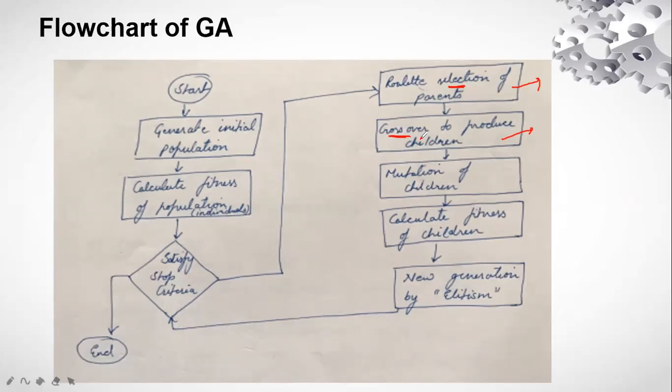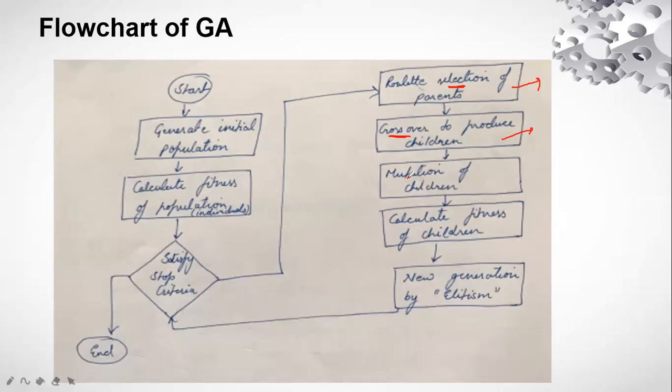So we swapped certain bits of child 1 with parent 2 and parent 1 with child 2. We said that certain properties of child 1 are inherited from parent 1 and certain properties are inherited from parent 2. So that makes the recombination. That is why crossover is also called the recombination operator.